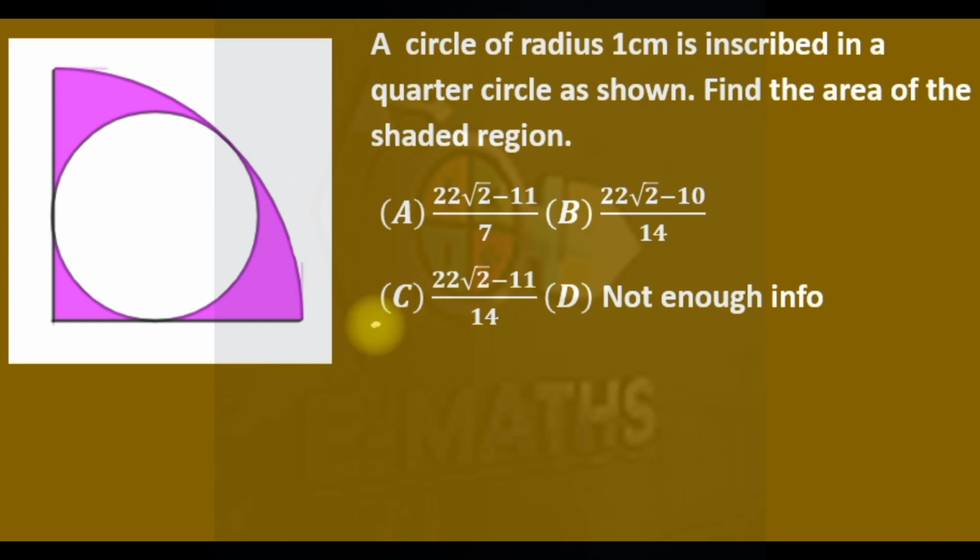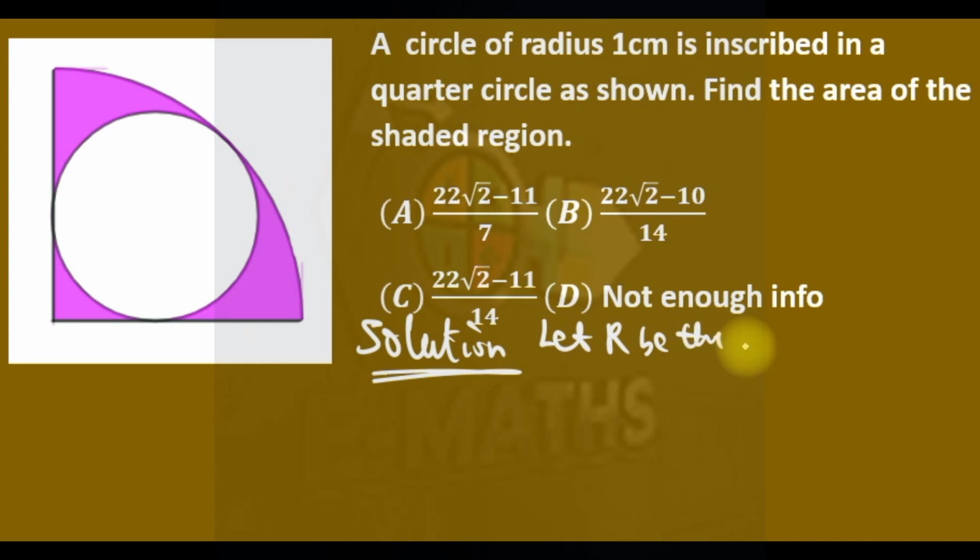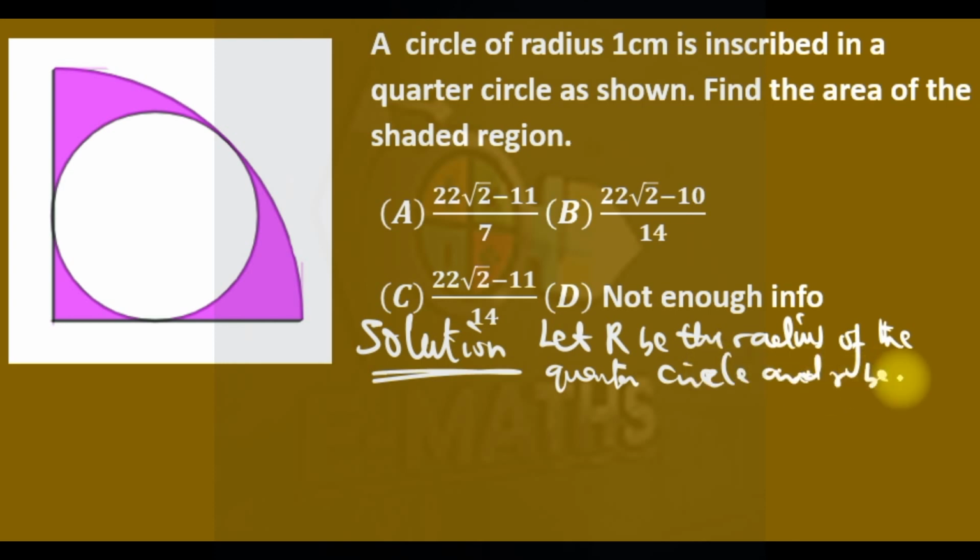And there is a formula that relates the radius of a quarter circle, that's the radius of this complete circle, and that of the one inscribed in the quarter circle. So let R be the radius of the quarter circle, and r be the radius of the small circle.